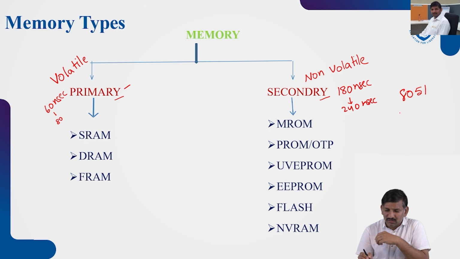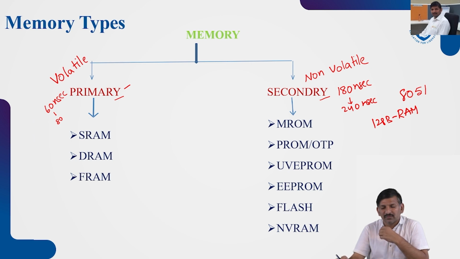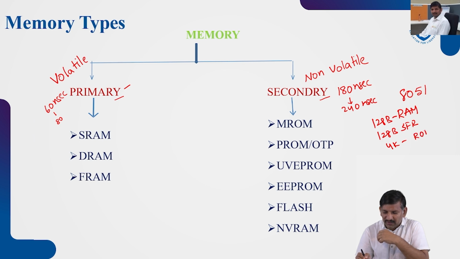It contains 128 bytes of on-chip RAM, 128 bytes of on-chip special function registers, and 4 kilobytes of read-only memory. This is within the chip.